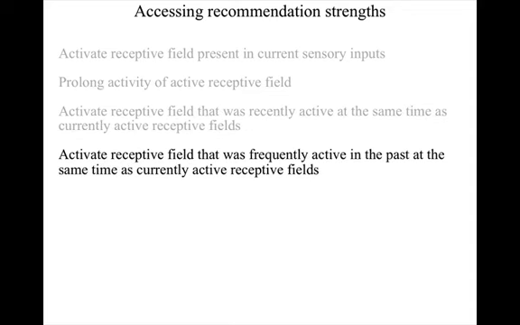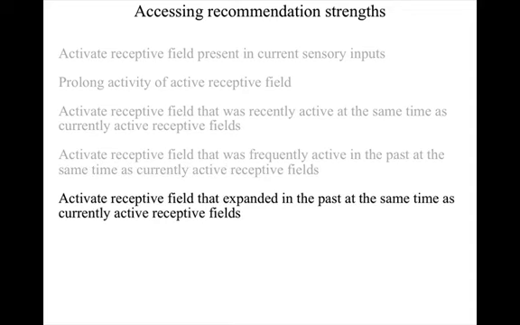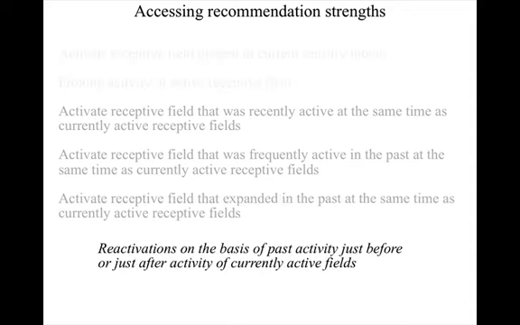Similarly, if an inactive receptive field was often active in the past at the same time as currently active fields, its recommendation weights may be relevant. Or if it expanded at the same time in the past as currently active fields. And of course, past temporally correlated activity that was not exactly at the same time may also be a good indicator.